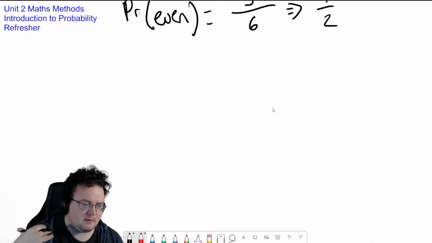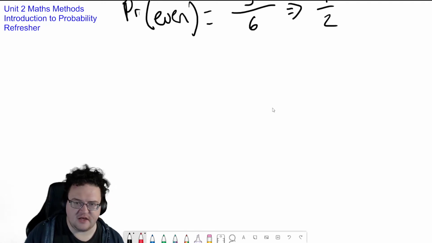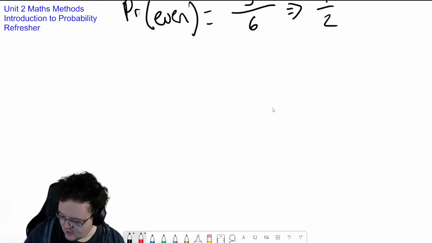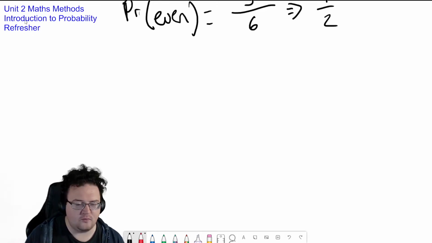Let's talk about something that some people might not be familiar with. Now, one of the things that really bugs some teachers about teaching probability is that a lot of the questions that exist on an exam rely on what's called contextual knowledge. And the reason why that bugs us is because not everybody is familiar with everything.